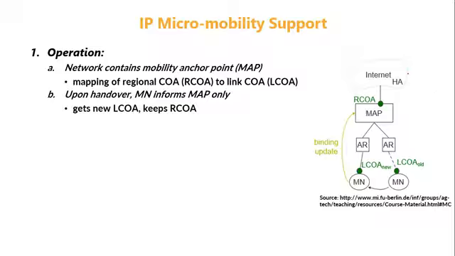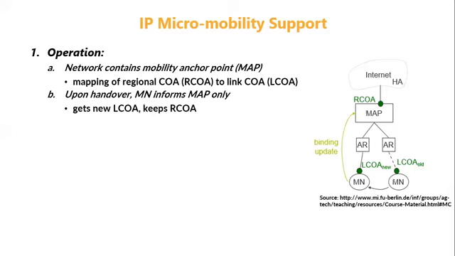That MAP will also inform this particular MAP, so that if any packet is sent to that node, this mobile anchor point will forward it to the new mobile anchor point.